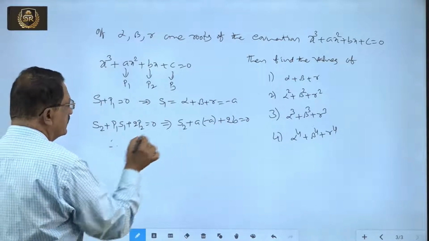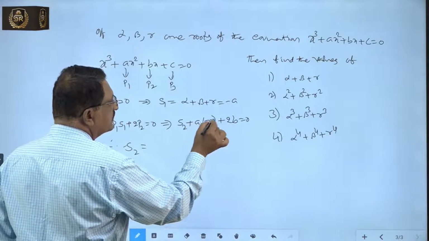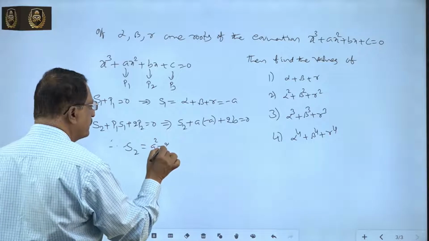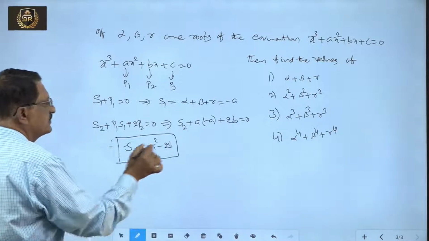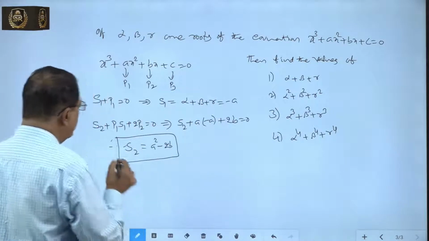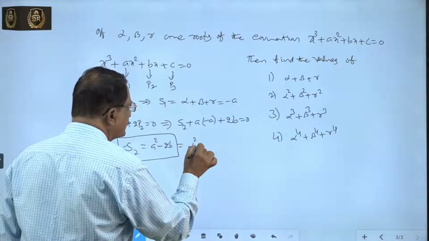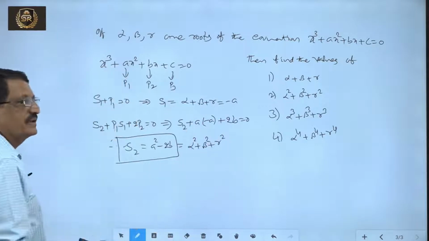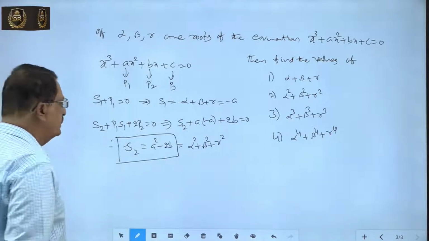Therefore, we get S2 equals minus a square plus 2b. Take right side, a square minus 2b. S2 equals a square minus 2b, and S1 equals minus a. S2 is nothing but alpha square plus beta square plus gamma square, which equals a square minus 2b.